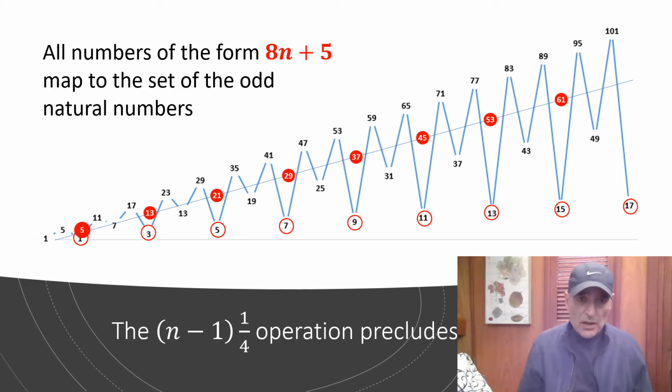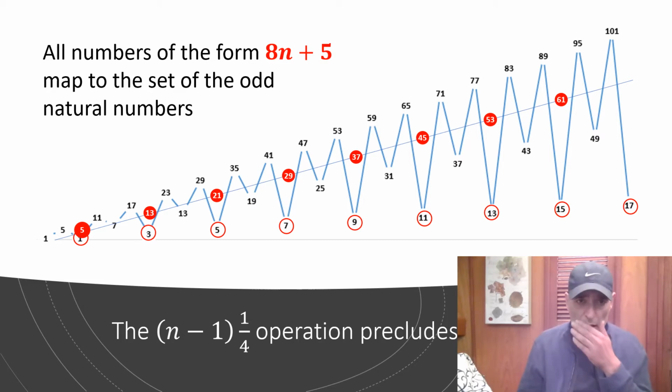So this is a really nice example of a one-to-one mapping, a bijection, and both of these sets are of equal cardinality. And that's important because there can be no exceptions to this rule.